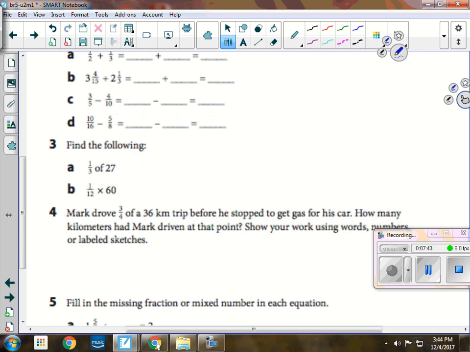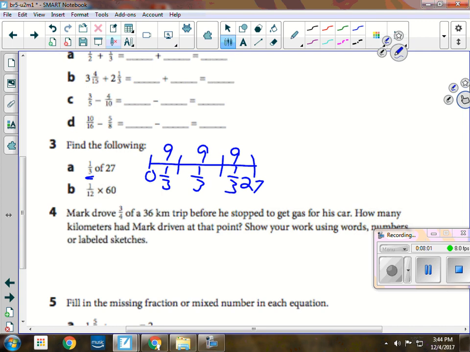All right, 1/3 of 27, which means you're going to break, and I'm going to use the visual here, 27 into thirds. So 27 broken up into 3. See, there's 1/3, 1/3, 1/3. 9 each part. There's your answer, 9. And 1/12 of 60.